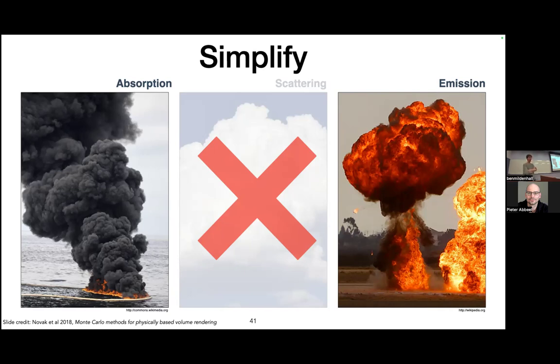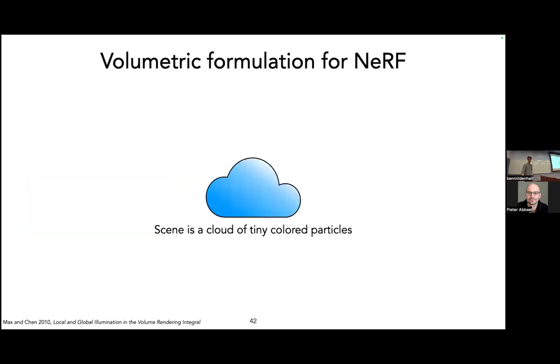But the things that happen here are basically that particles block a little bit of the light from behind them, and they emit a little bit of light in the direction of the camera along the ray. That leads us to this probabilistic infinitesimal interpretation of what's going on. We assume every little differential volume in space is filled with tiny colored particles of some density.